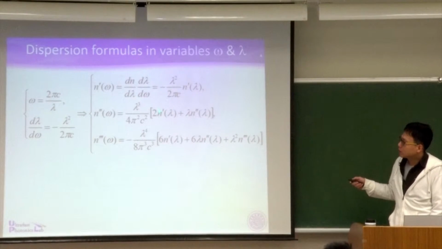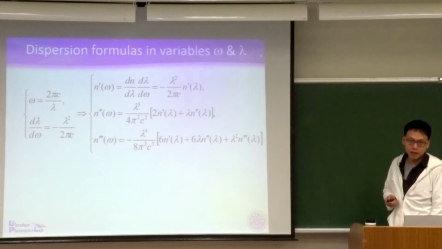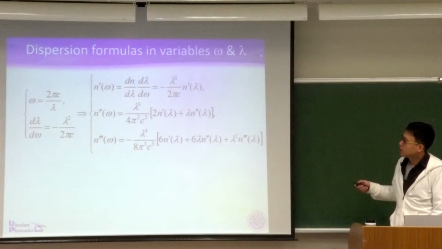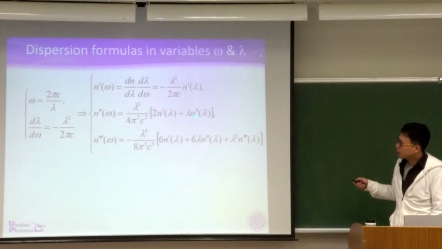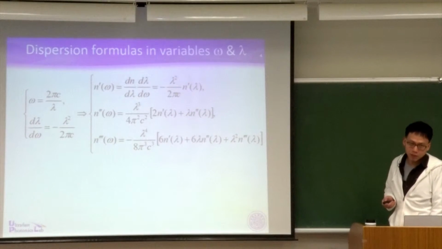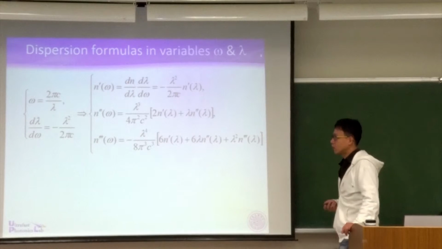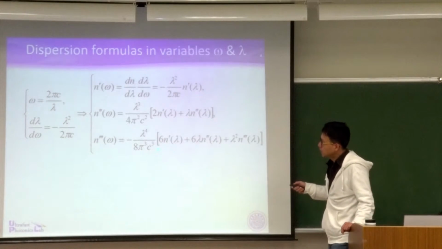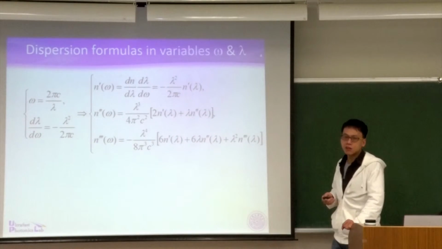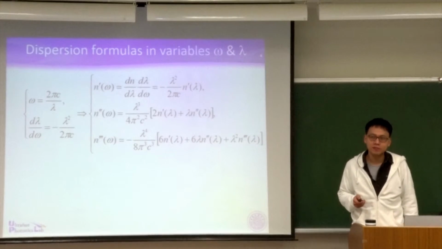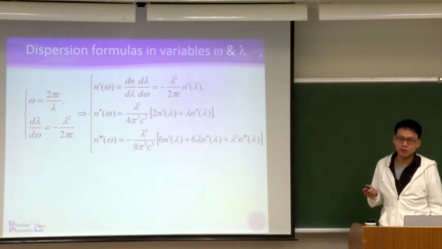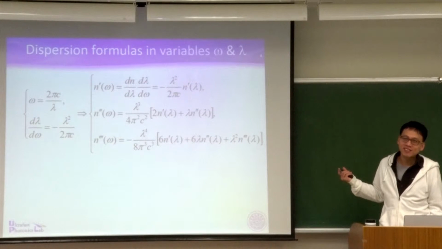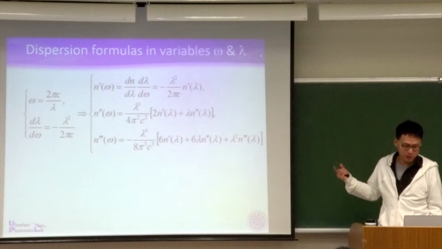The first one involves n prime lambda, the first order derivative. The second term involves lambda times n double prime lambda, the second order derivative. For the third order derivative, you get an even longer equation. So any question about the derivation process? I think it's trivial.